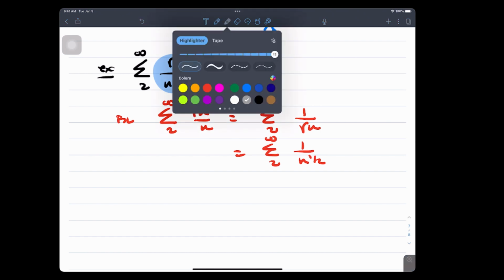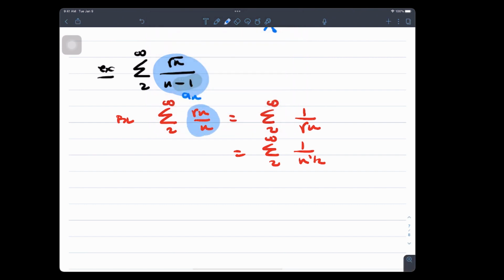You got your bn. Okay. So now let's look at the limit of an over bn.